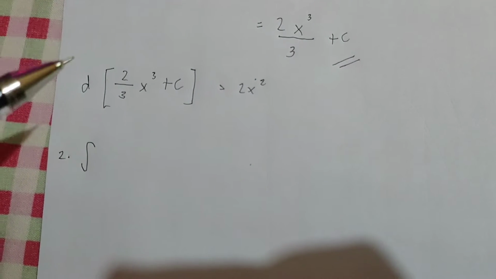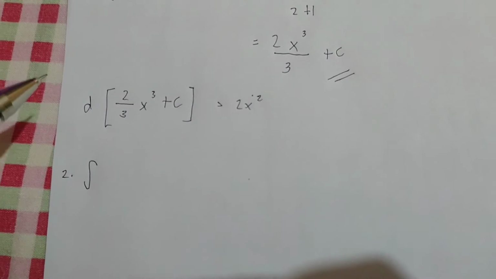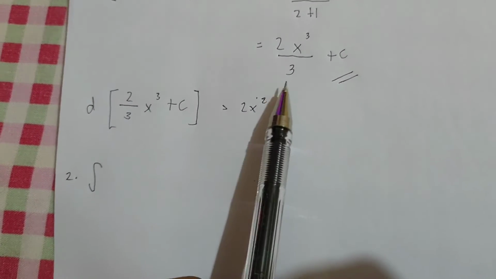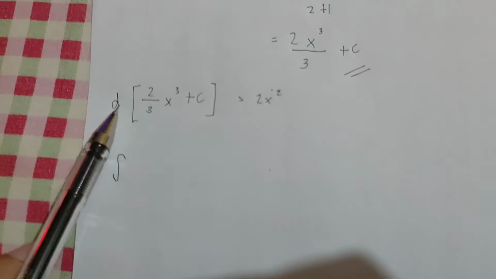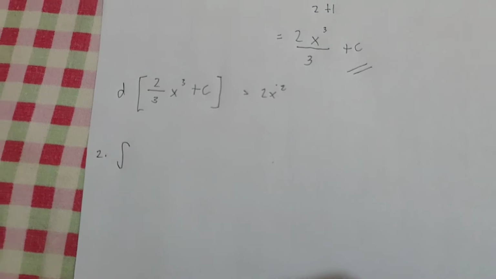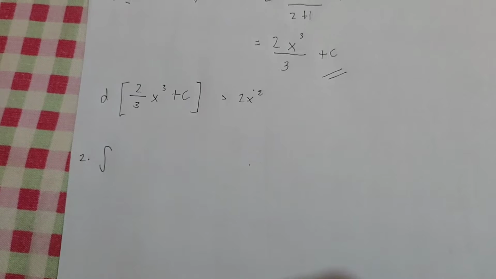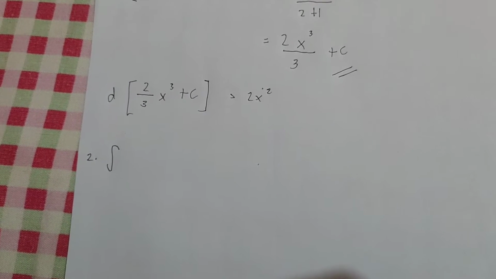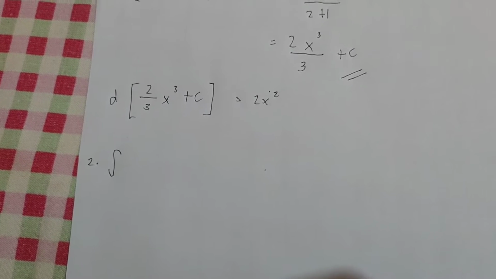To check if our answer is correct, we will just simply derive our answer, which is 2/3 x cubed plus c. The derivative of this is just simply 2x squared. As we all know, integration is the opposite of the derivative. That's how we check if our answer is correct or not.